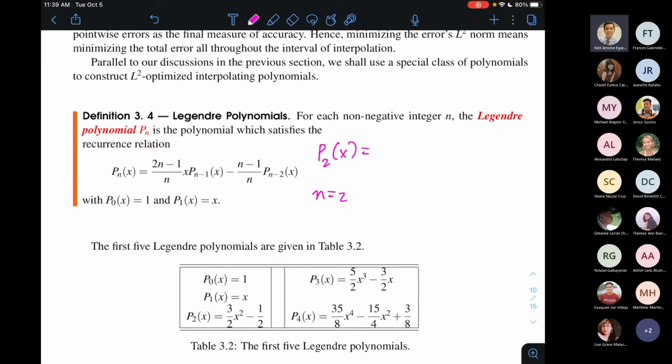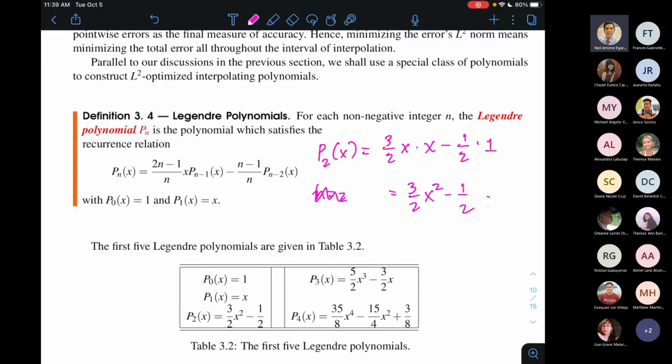So you'll get 2 times 2, that's 4 minus 1, 3 over 2 x times the previous Legendre polynomial. So we are at the second Legendre polynomial, so the previous would be x, minus n minus 1 over n. Remember, n is equal to 2, so we'll have 1/2. Then the Legendre polynomial 2 steps back, so that's going to be 1. So we'll have 3 halves x squared minus 1/2. That's the degree 2 Legendre polynomial.